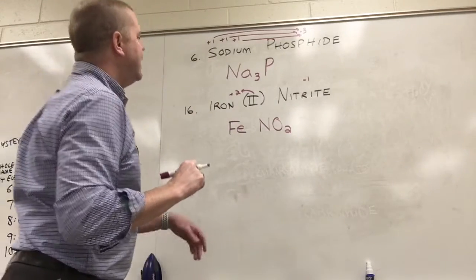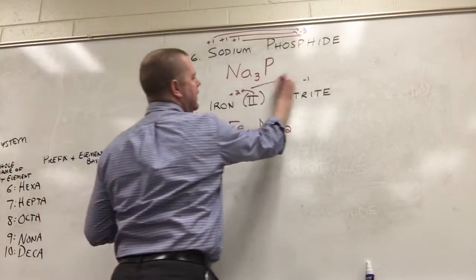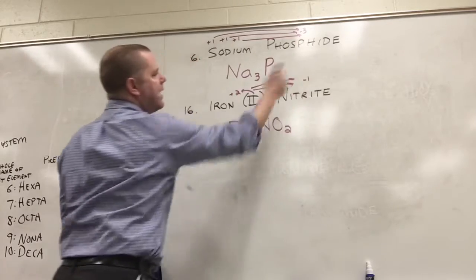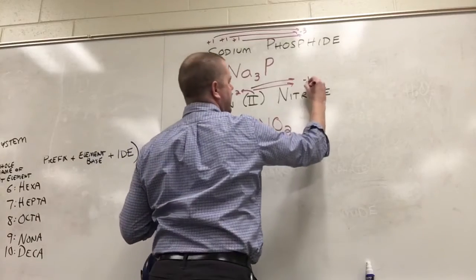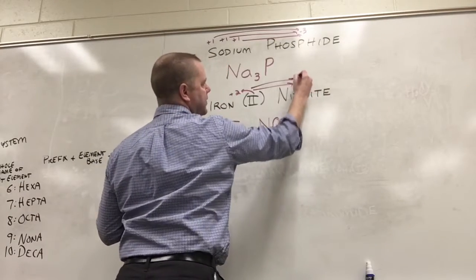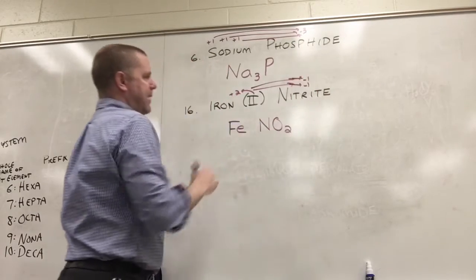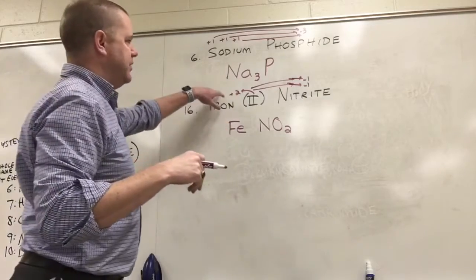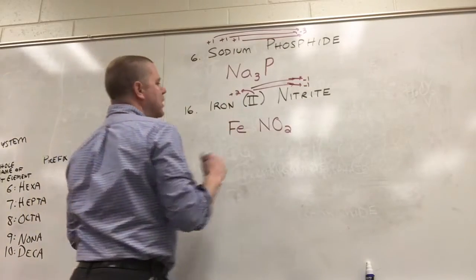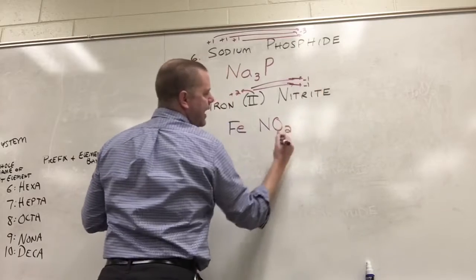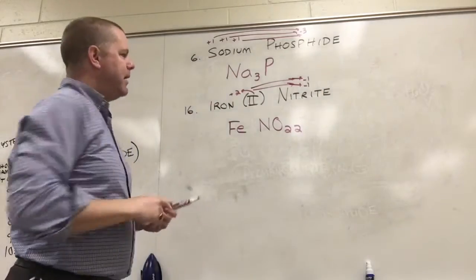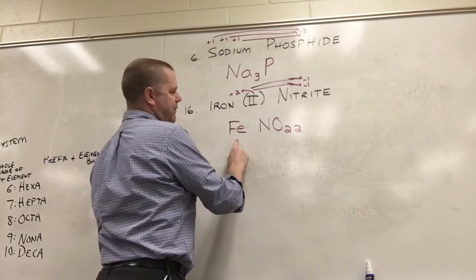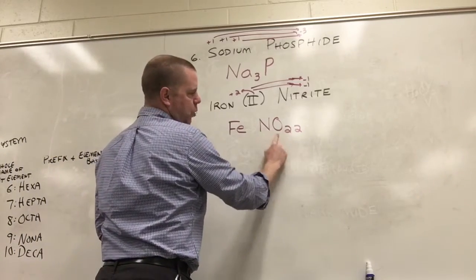So right here, we have 2 electrons looking to be given away, don't we? But nitrite is only looking to gain 1. So nitrite says, okay, we'll go get another nitrite. One of them is gained by that nitrite, one of them is gained by the other, and both of the iron's electrons are gone, so iron is happy. So we need 1, 2 nitrite. Well, we can't just put a 2 right here, because then we would end up with 1 iron, 1 nitrogen, and 22 oxygens.